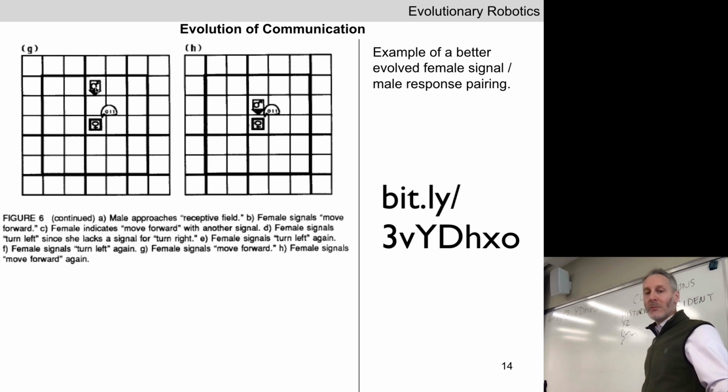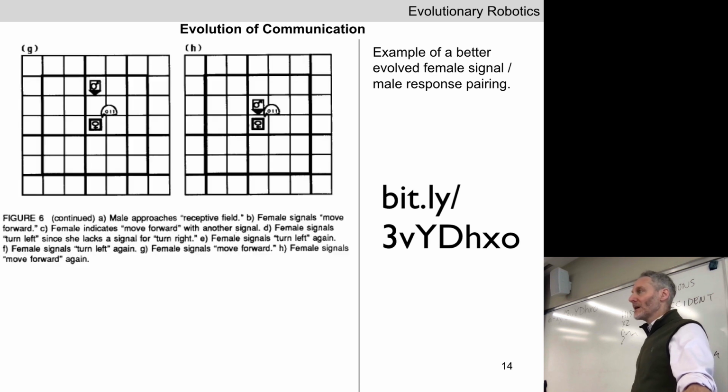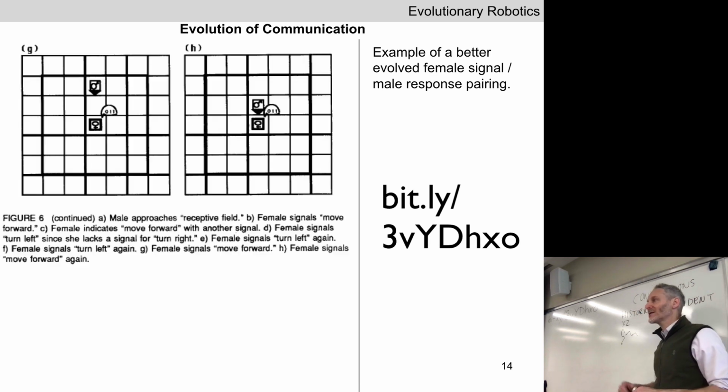When the male turns left for this third time, she changes back to 011, which the male interprets as go forward. Okay. All right. So we have seen now that at least when the females can sing 8 different songs, the evolution of communication can occur.